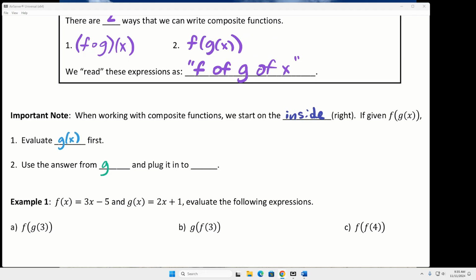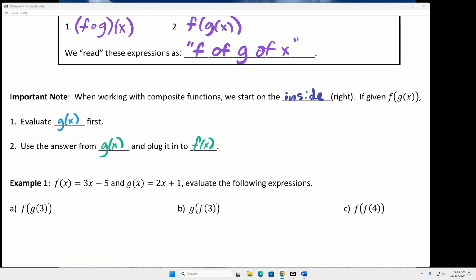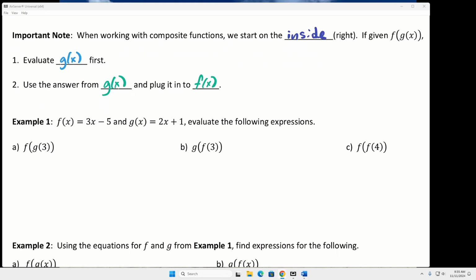And then the answer from that is put back into f of x. Right, so we're going to do several of these when x has a value. And then we're going to do several where x is the variable and your answer will be left as an expression.